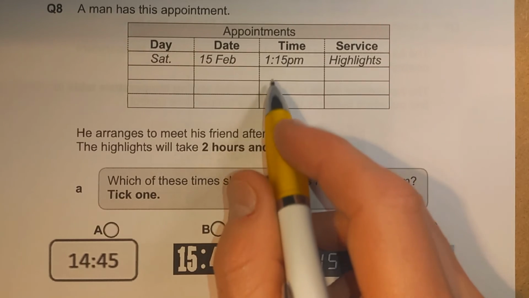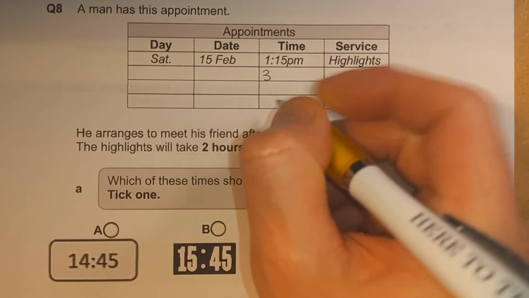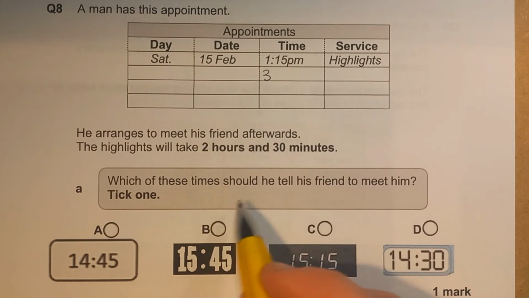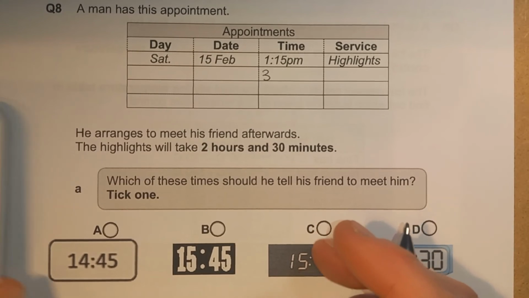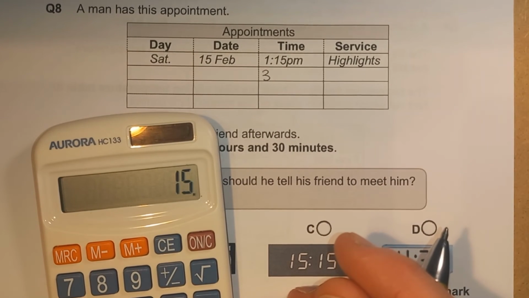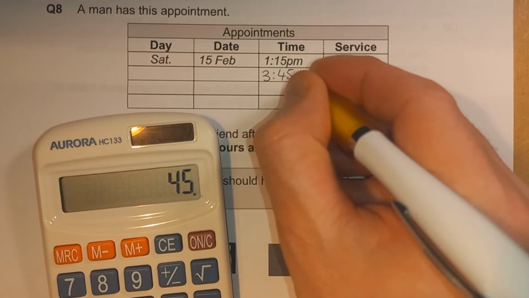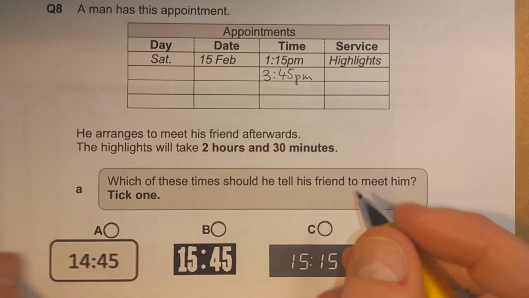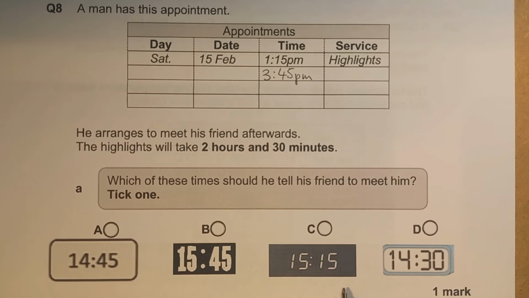Right, well, we're adding 2 hours on. So the 1 plus 2 hours is going to take us up to 3 hours. 30 minutes, well, we're starting at 15. So if we add an extra 30 minutes, it's going to take us up to 3:45 p.m. Now we haven't got 3:45 on here because these are all using the 24-hour clock.